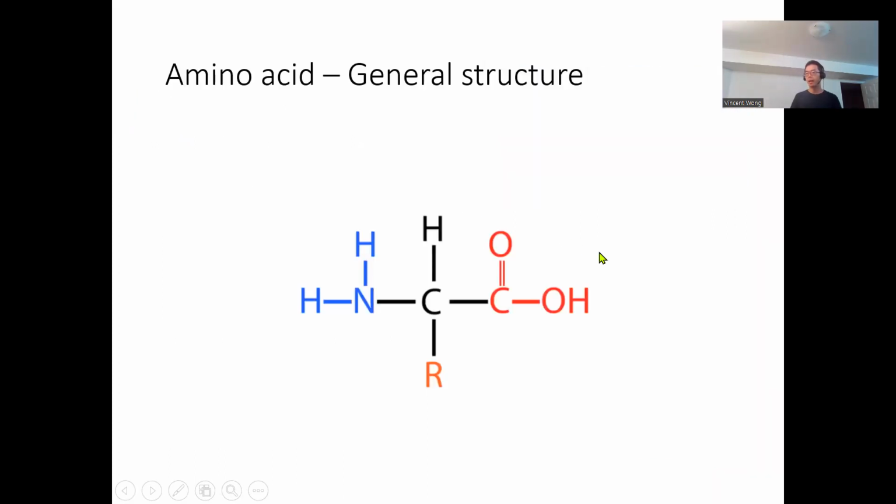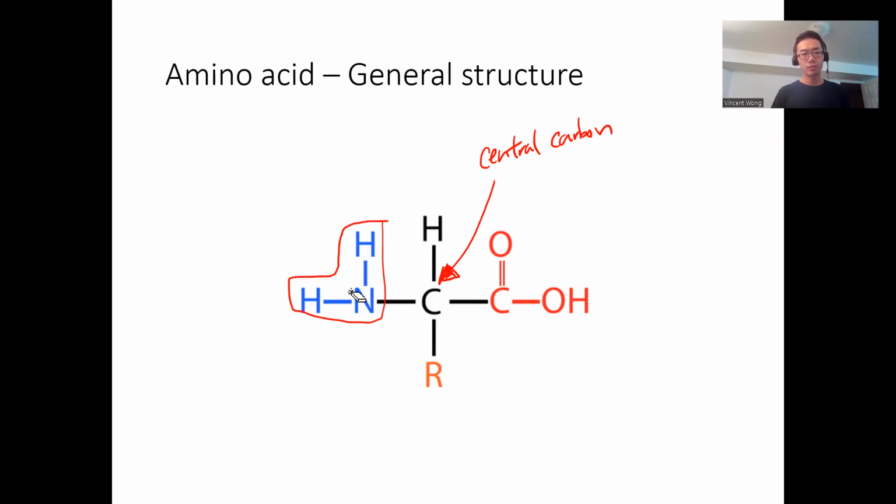All right, back to the monomers of proteins. They are called amino acids, right? There are 20 different amino acids, but they all share the same core structure, right? For example, they all have a central carbon right here. They all have a hydrogen. And this part here, the NH2, this is called the amino group.